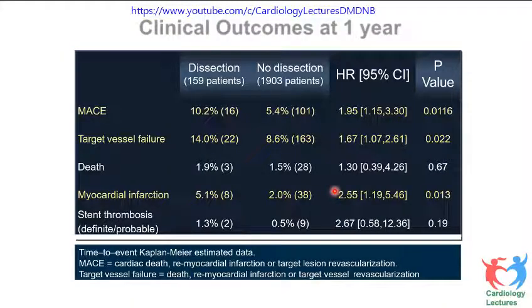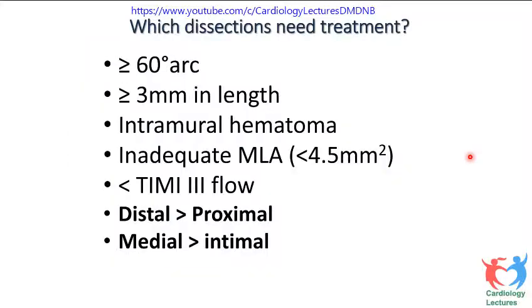And when they followed up, when somebody has a dissection, target vessel failure is high, death is high, incidence of MI is high, and MACE is also high. If there is no dissection, this incidence is lesser. So you should recognize a stent dissection and treat it properly.